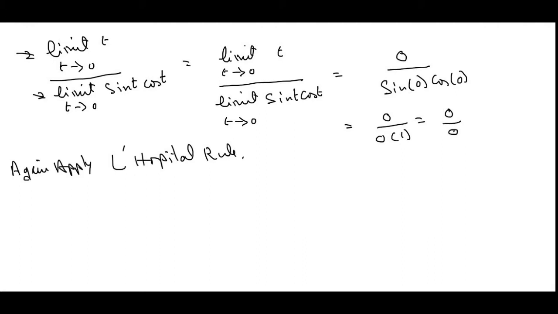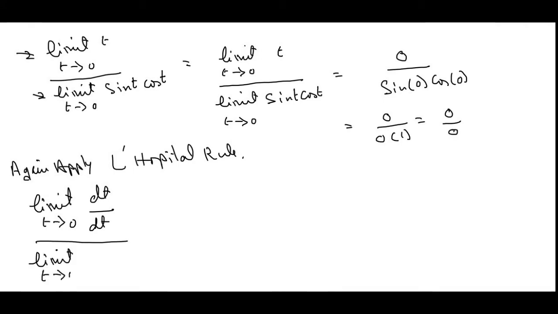Now again apply L'Hopital's rule for the function. So limit t approaches 0, dt by dt, and limit t approaches 0, d by dt sine t cos t.